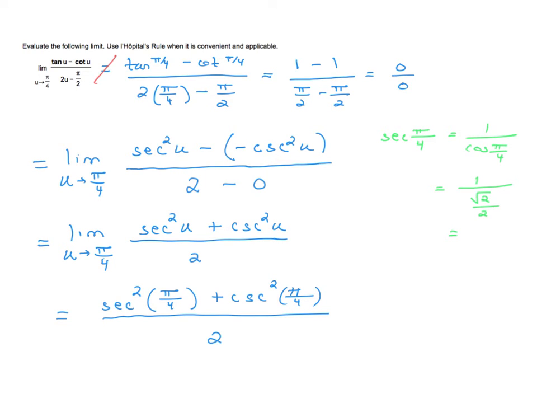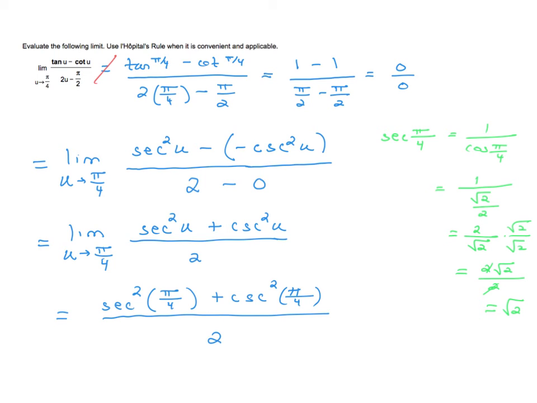If you are dividing by a fraction, you multiply by its reciprocal, so this is equal to 2 over root 2. And probably expressing this so it doesn't have a root in the denominator would be a good idea. So I'm going to multiply the top and bottom both by root 2, and we get 2 root 2 over 2. The 2's cancel, and we're just left with root 2.